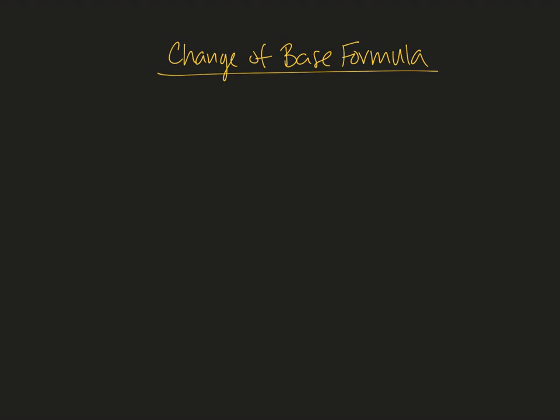It is the change of base formula. What it's going to look like is if you have some logarithmic function with the base a, hopefully not 10 or e, so that you can actually then use a calculator to figure it out.